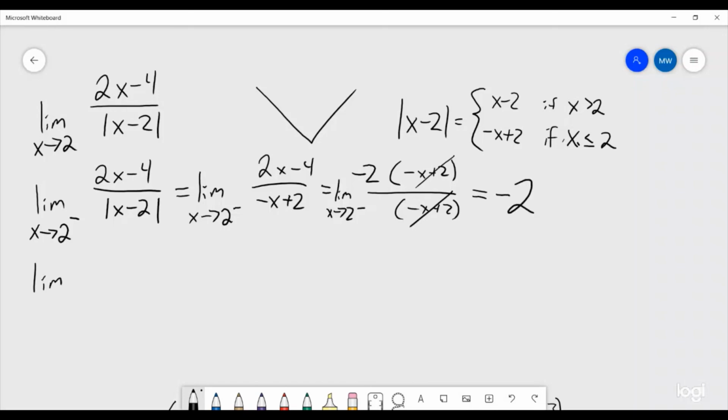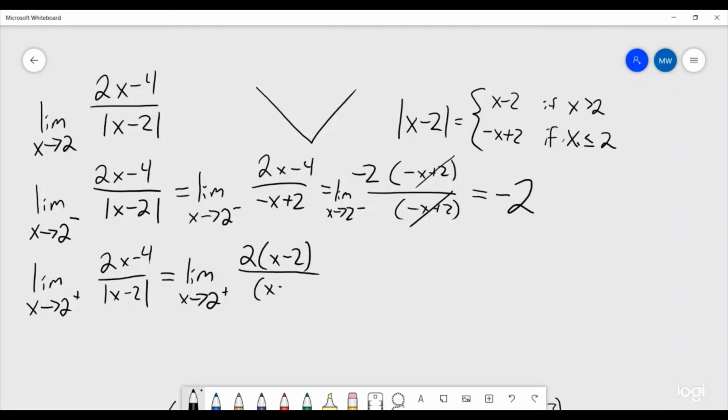However, if we look at the limit as x approaches 2 from the right of 2x minus 4 over absolute value of x minus 2, here we can replace the absolute value of x minus 2 with just x minus 2, because as we approach it from the right, x is always greater than 2. So that's going to be the limit as x approaches 2 from the right of 2 times x minus 2 all over x minus 2.